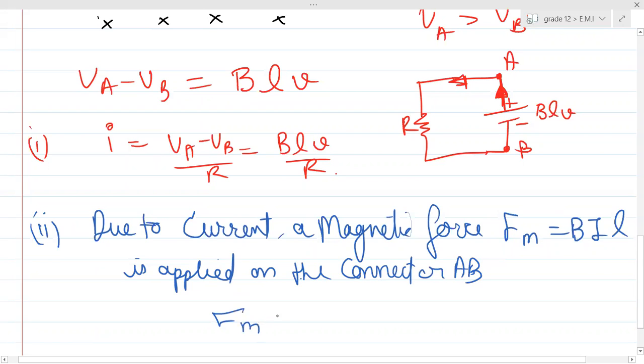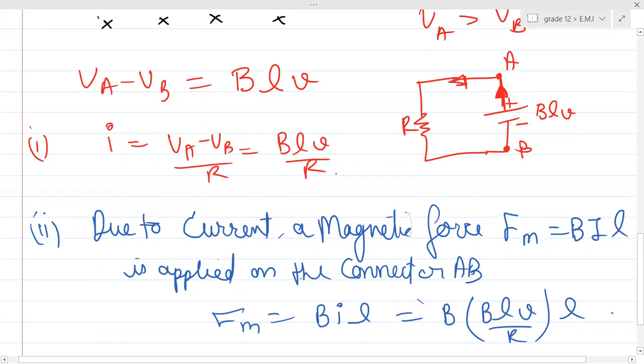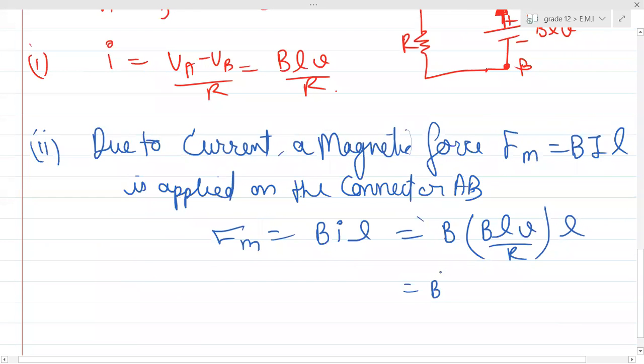So Fm will be equal to B into small I into L, which will be equal to B into I. So can you see this force? Yes or no? Can you see this magnetic force?